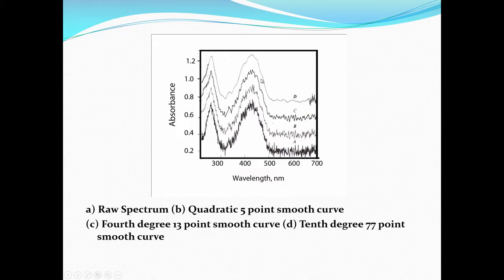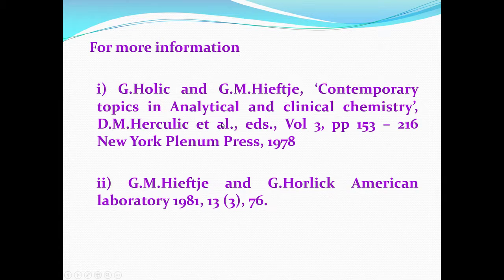See how smooth the curve looks in this case. For more information I refer to a beautiful paper by Hifj and G. Holick, Contemporary Topics in Analytical and Clinical Chemistry, and American Laboratory also in 1981.